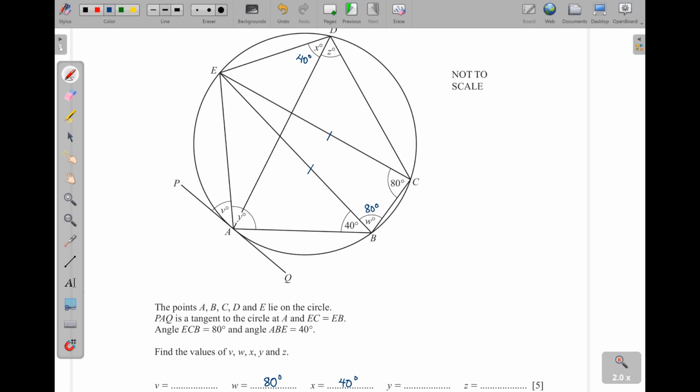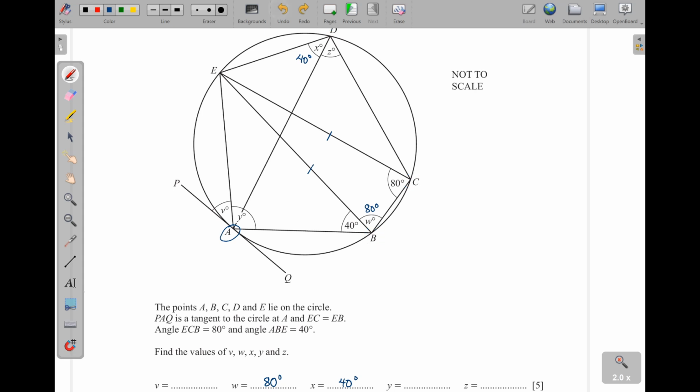Okay, now do you also see that A, B, C, D is a cyclic quadrilateral? So what does this mean? This angle here, the whole of it here, plus the Z here, will give us 180, because opposite angles in a cyclic quadrilateral add up to 180 degrees.